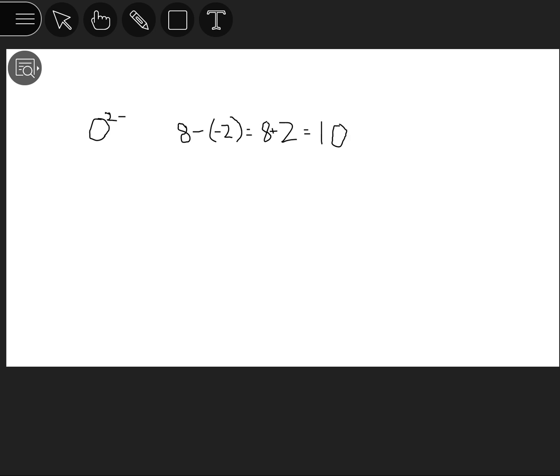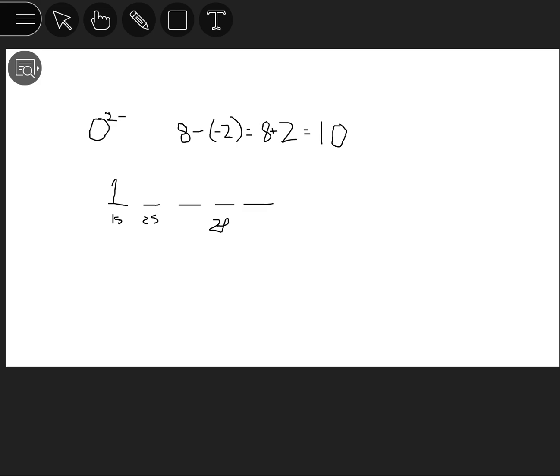So then when we're doing the orbital diagram for that, it's 1s, 2s, and then 2p. All right, so we put in the arrows.